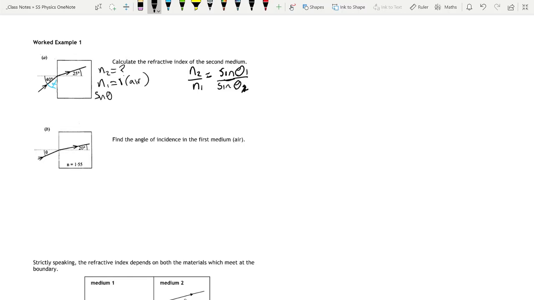Sine theta 1 is sine 40, and sine theta 2 is sine of 25, because it's the angle in the second medium. So we put in the numbers: n2 divided by 1, which is just n2, is sine of 40 divided by sine of 25. You put that into your calculator and you end up with 1.52.